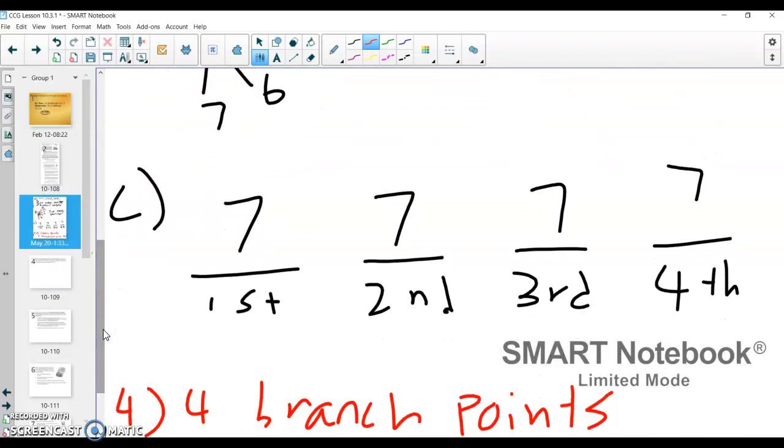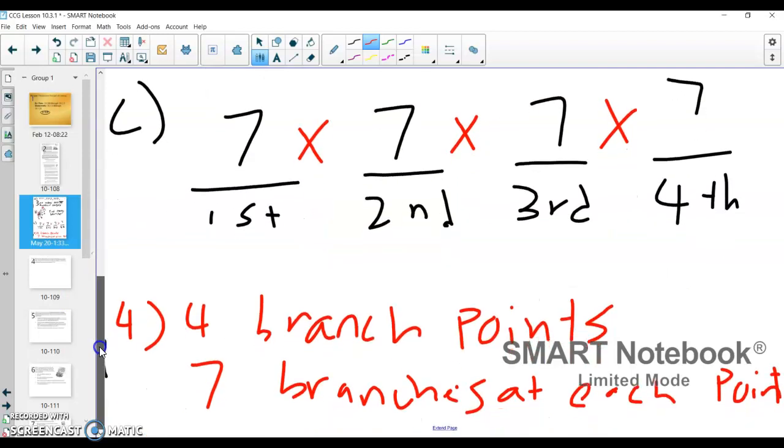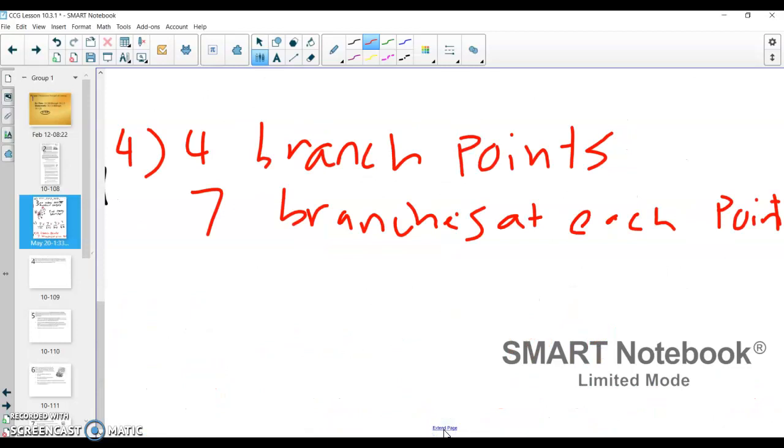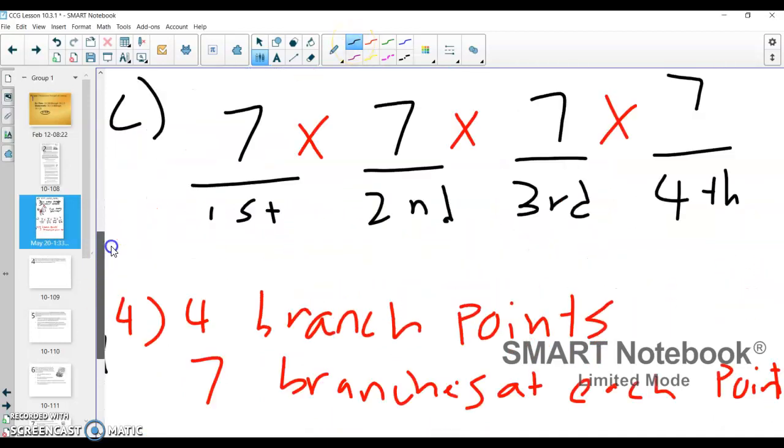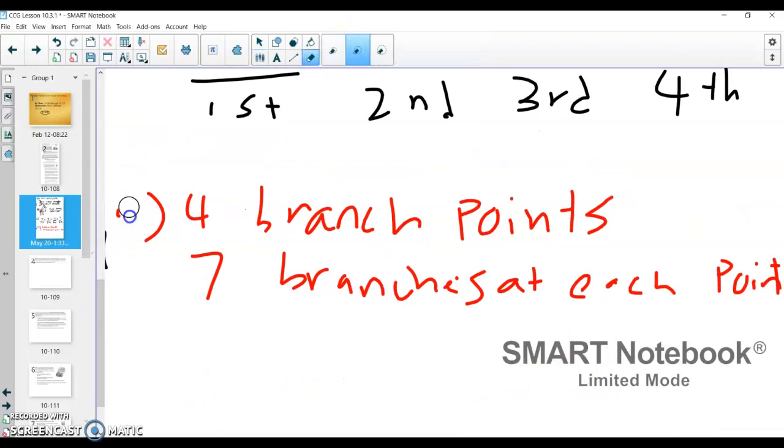And the nice thing about a decision chart, and I might be able to copy and paste this and put it for D, is we just multiply down the decision chart to figure out how many possible choices we have. So if I do 7 times 7 times 7 times 7, I will have my answer for how many possible 4-digit numbers there are when you have this choice of 7. And so for part, I wrote 4 right here, and I think I meant to put D.